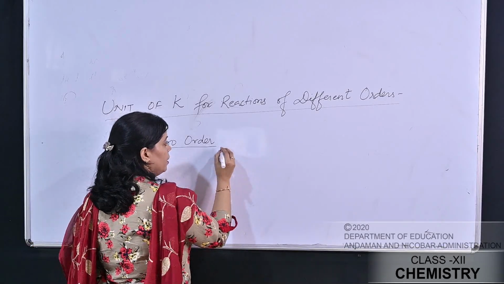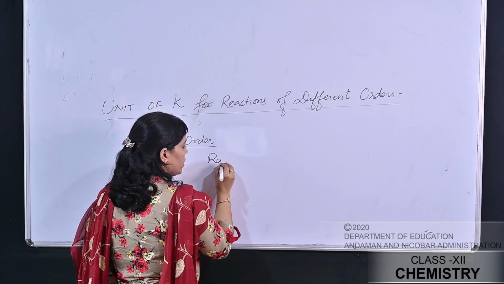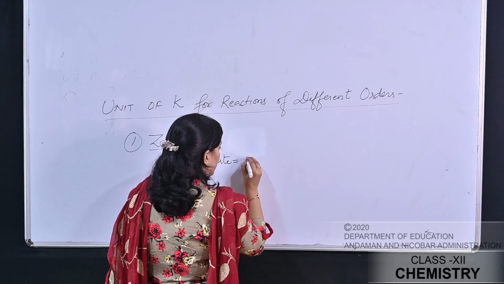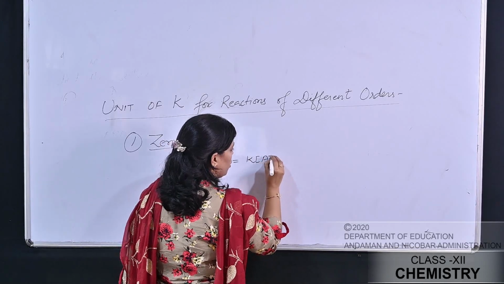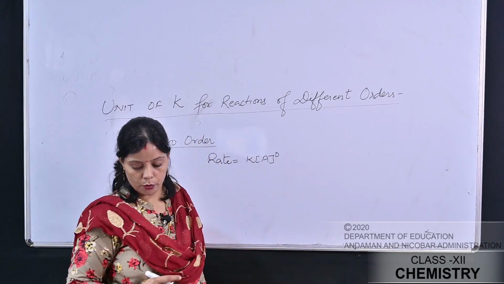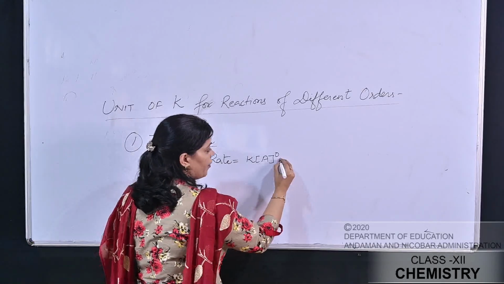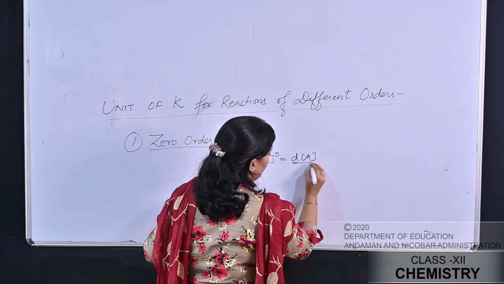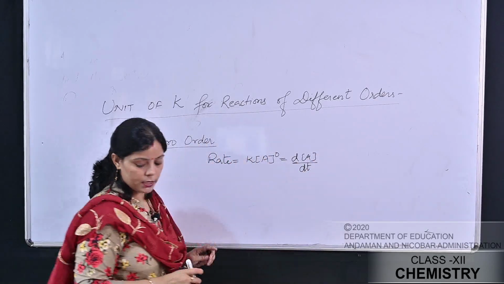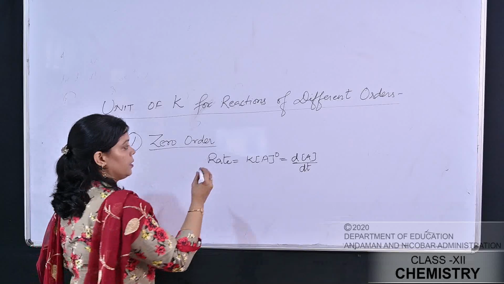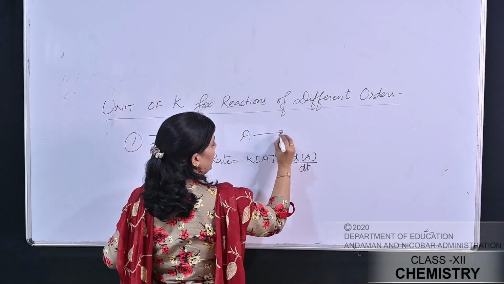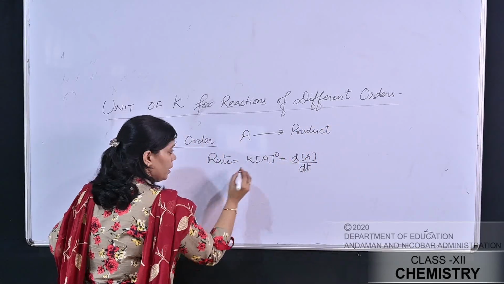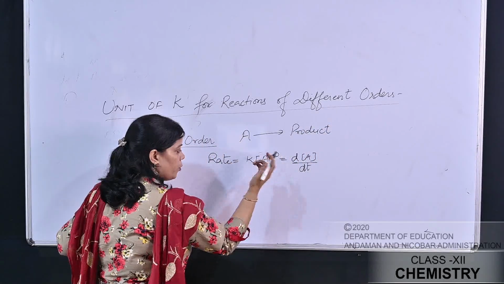The rate equation for the zero order reaction can be written as K concentration of A raised to power 0, or we can write it as dA by dt. The differential rate equation for the general example, that is A reacting to give the product. Any quantity raised to power 0 is equal to 1.